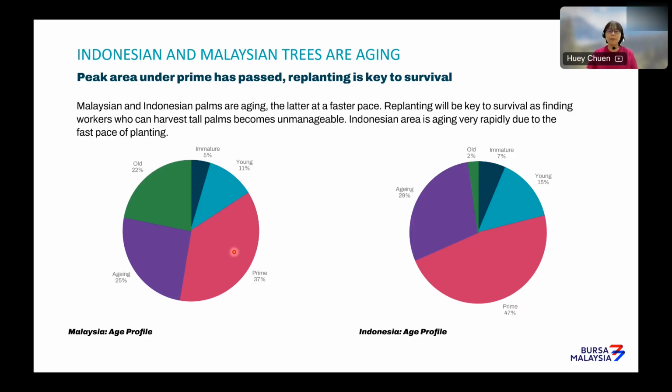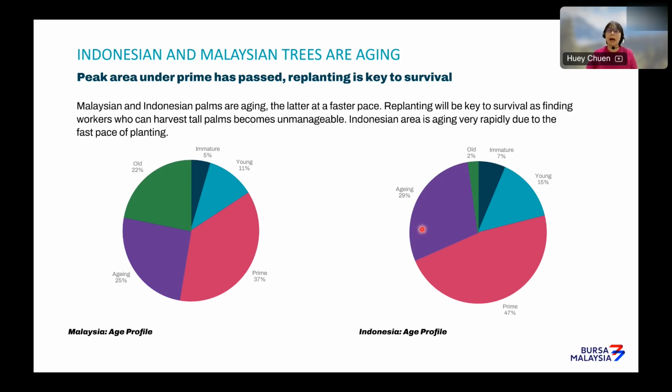So we always hear that Malaysia's trees are aging. You have a high share of trees at the aging stage, and also old trees at about 22%. Old trees refers to trees that are above 25 years old. But if you look at Indonesia, are they better than Malaysia? If you look at the breakdown, they are actually not very far from Malaysia.